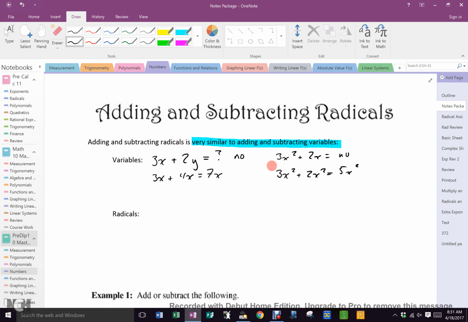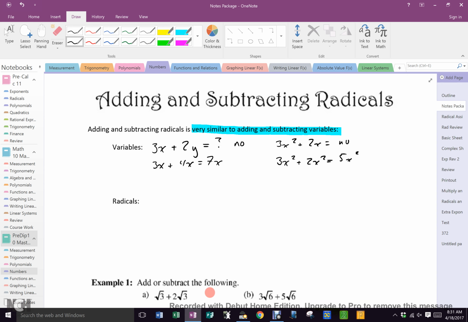All right. So, if it is very similar to adding and subtracting variables, what do you think happens if I ask you to do this? 3 square root 2 plus 3 square root 3. Do you think you can do that?